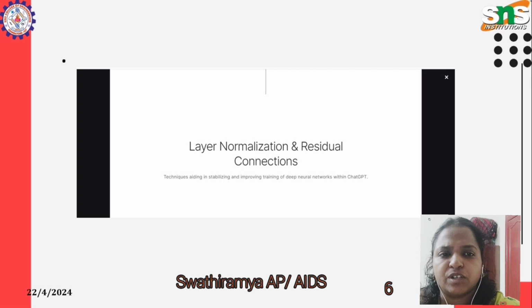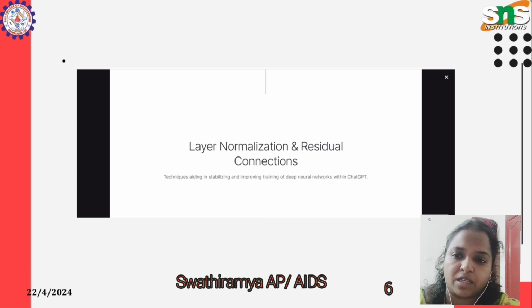What is the use of residual connection? It is also known as a skip connection. It allows the model to retain the information from the earlier layers and facilitates the flow of gradients during backpropagation, enabling more stable and efficient training.